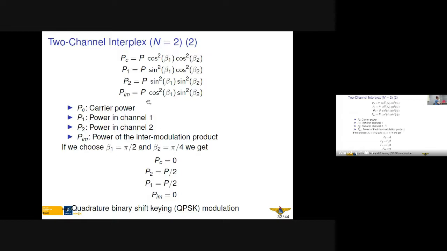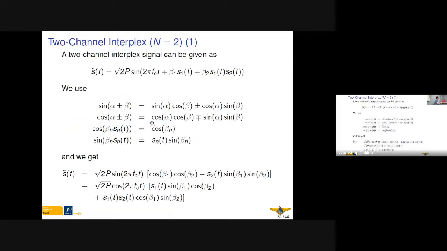And then we have the two signals that transmit information, P1 and P2, and we have what's called the intermodulation product, which is defined by the multiplication of the two signals.